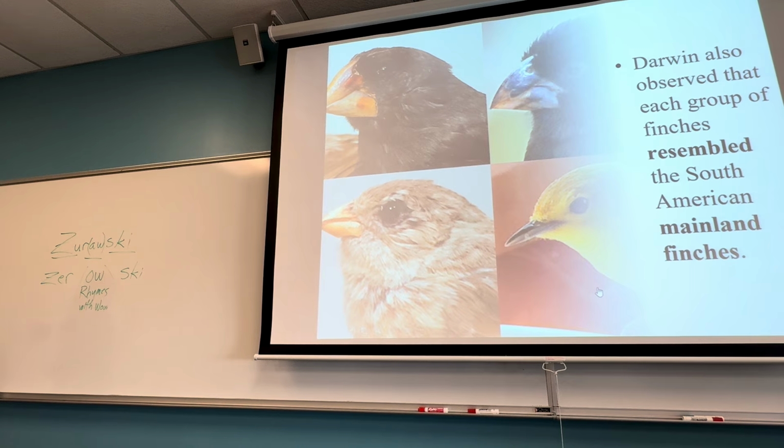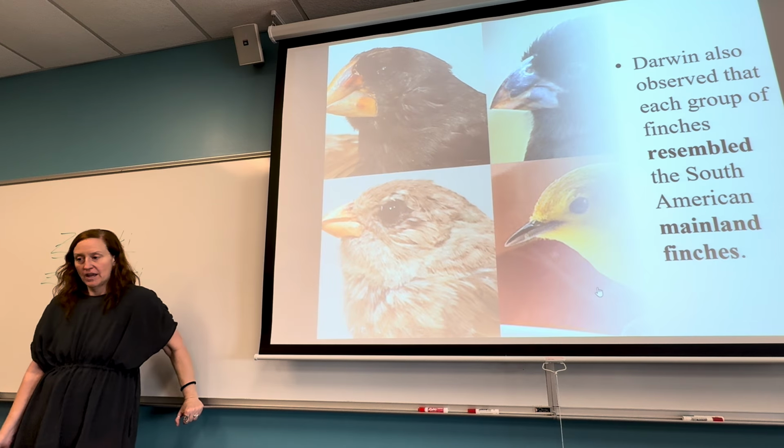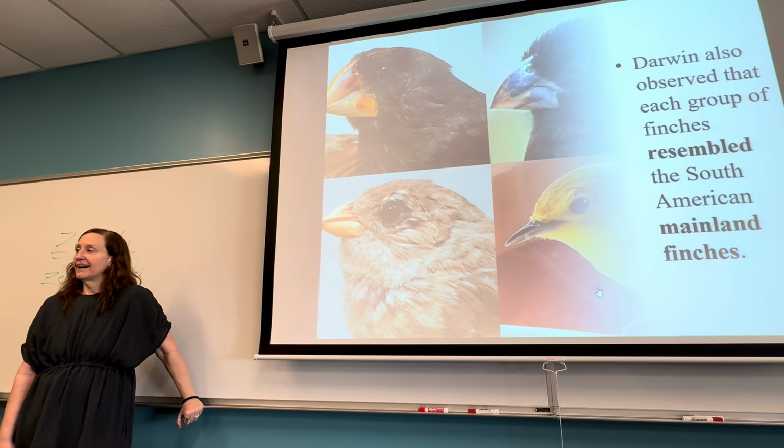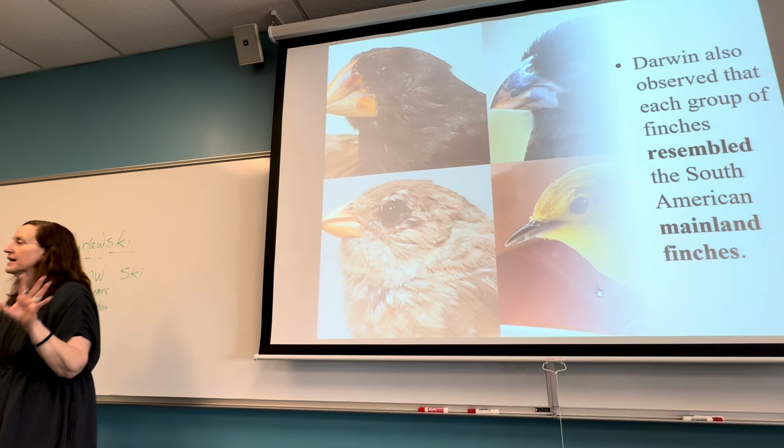So he saw the similarities, but yet noticed the fine differences in regard to survival. So this was a big idea because everybody just thought, again, poof, you're just put on the earth in this form and that's it.